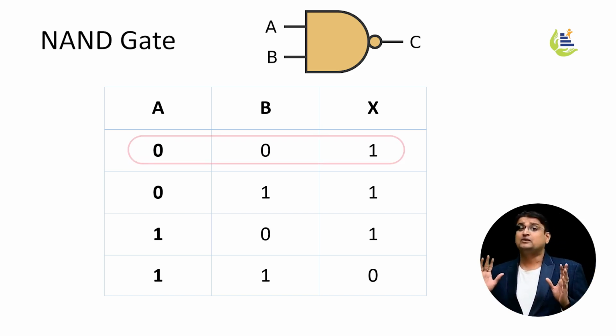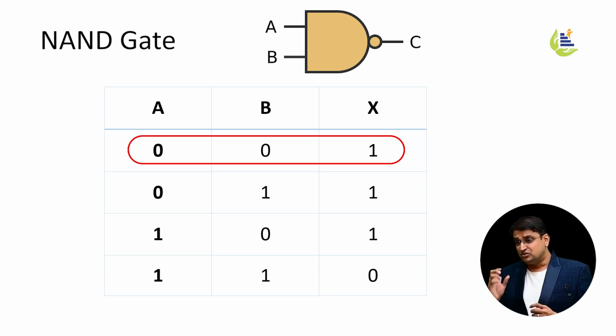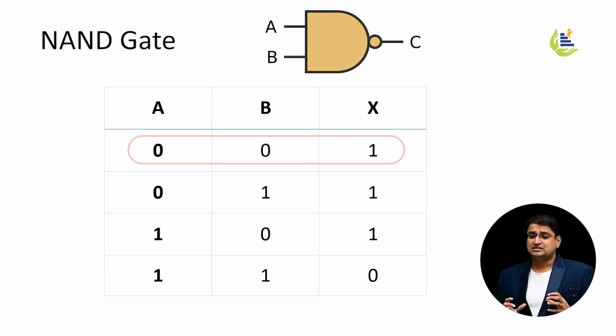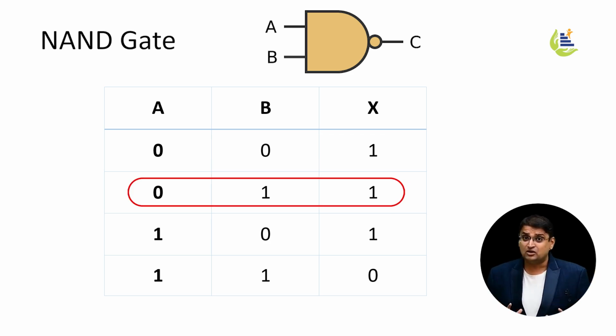Let's say both the inputs A and B are 0. So the AND operation on A and B results in 0. But the NAND gate inverts this result, producing 1. Let's take another situation where A is 0 and B is 1. So the AND operation on A and B results in 0, and the NAND gate inverts this to produce 1.